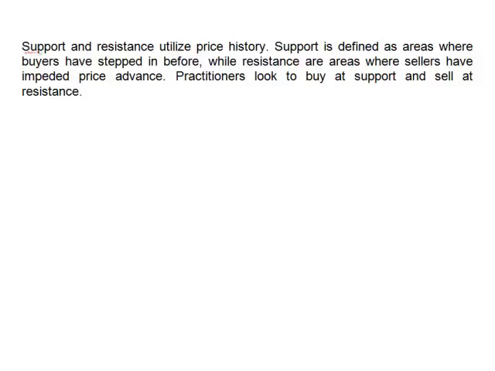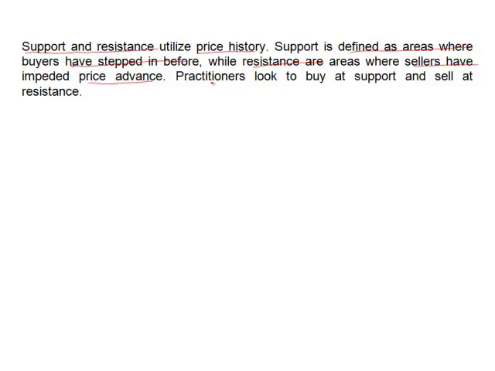The next one is support and resistance. Support and resistance utilize price history. Support is defined as the area where buyers have stepped in before, while resistance is the area where sellers have impeded price advance.